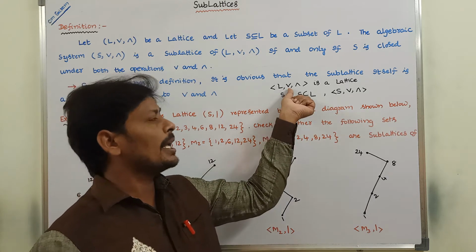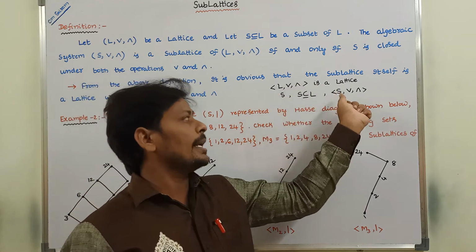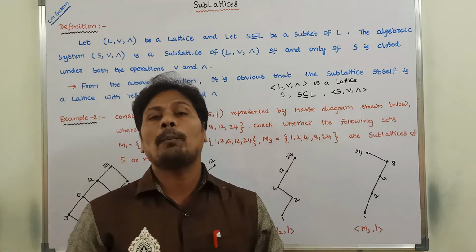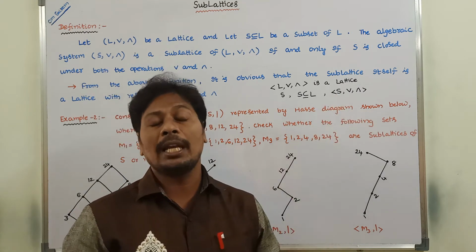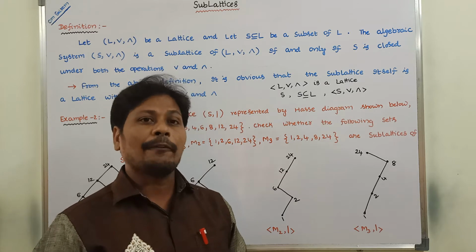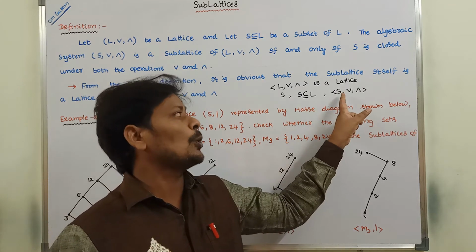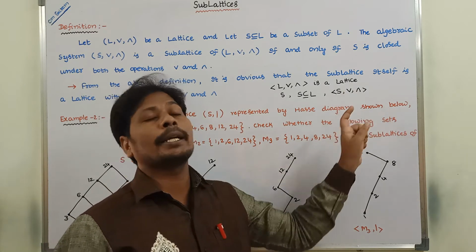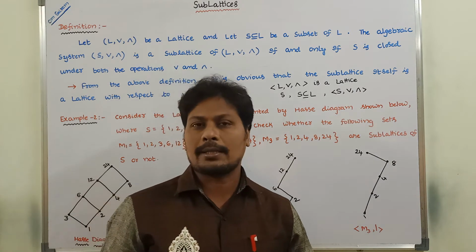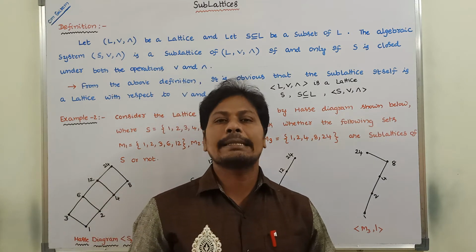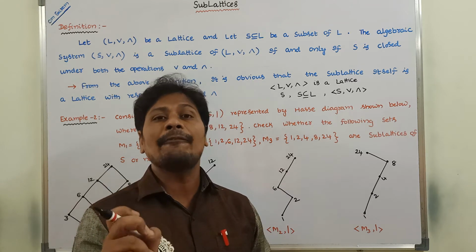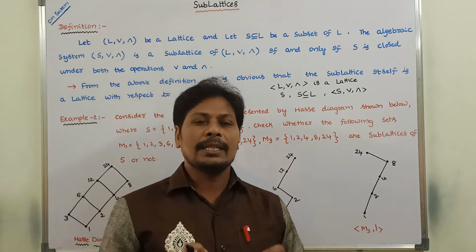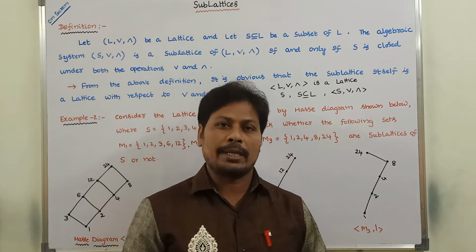The same condition applies to the sublattice: we can take any pair of elements of S, and both the least upper bound and greatest lower bound exist. Hence, every sublattice is itself a lattice. This is the important point.